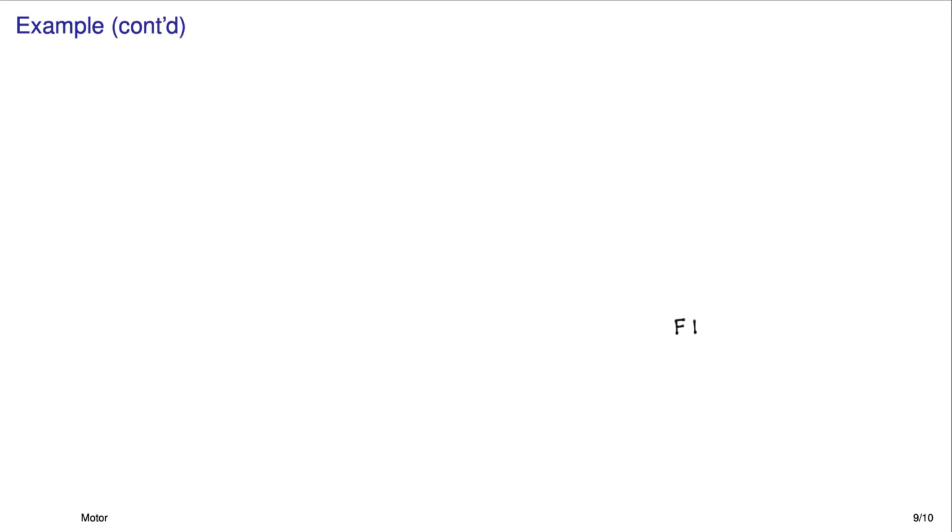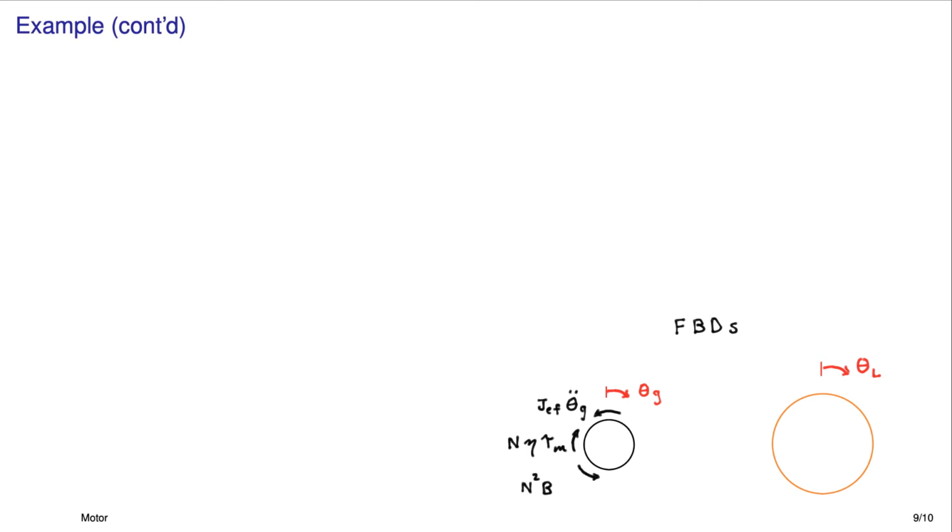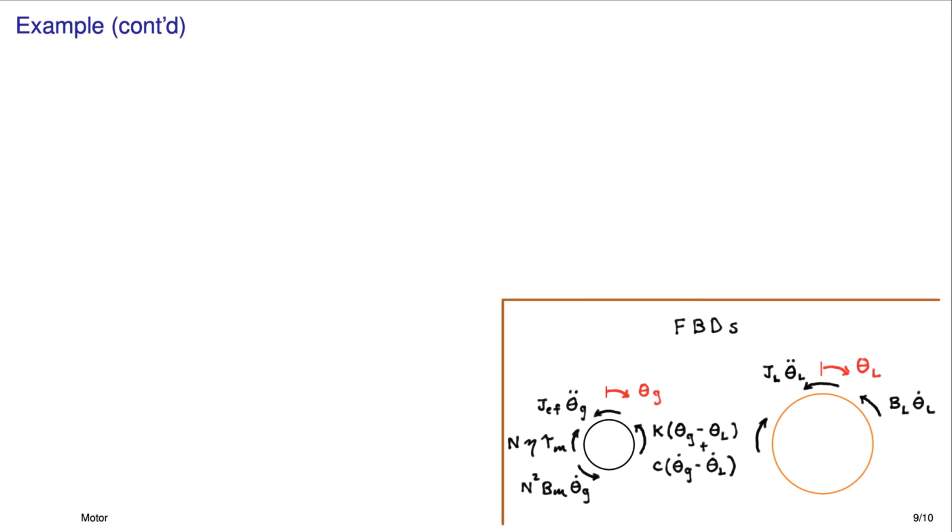So before we make the state space model, let's just rewrite the free body diagrams from the previous page, and then we will just tabulate all the moments that are acting on these to generate some differential equations.